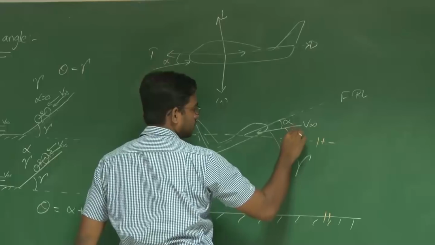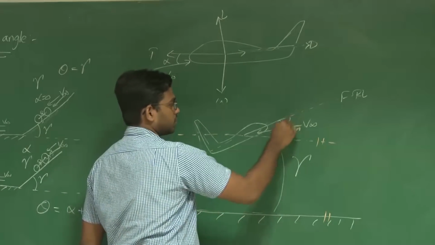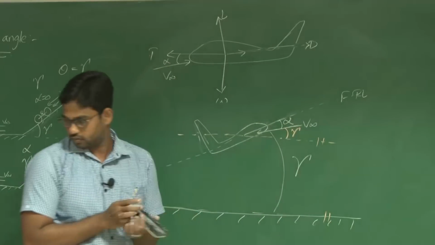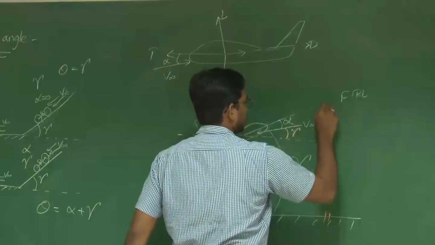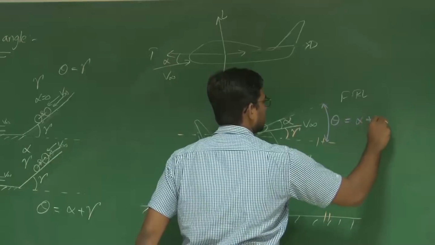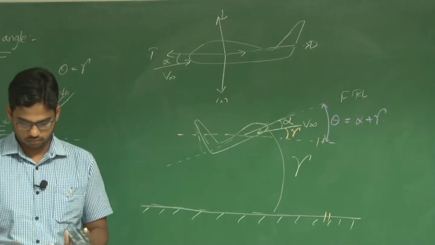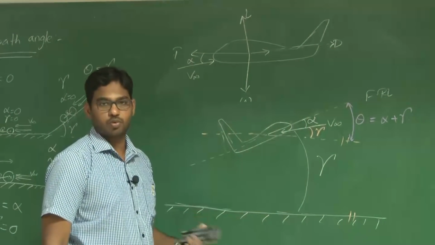So this angle is gamma, and this is alpha. Now the orientation of the aircraft is theta, which is alpha plus gamma. So gamma gives the direction of your motion.